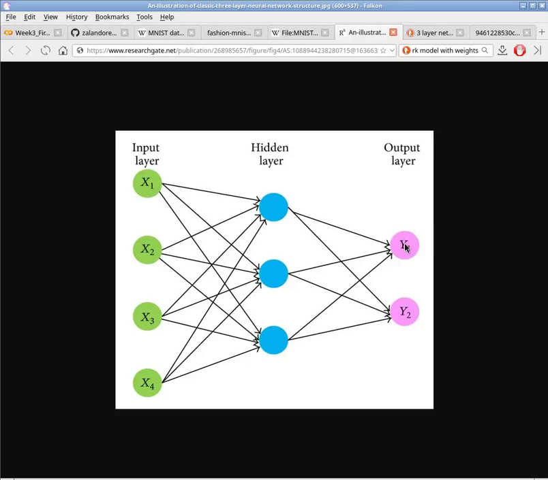So if one of them is at 0.5 and another one is at 0.2 and a bunch of the others are about 0.1 or so, that'll be not great, but much better than if they're all equally lit. That's the way that's going to work.